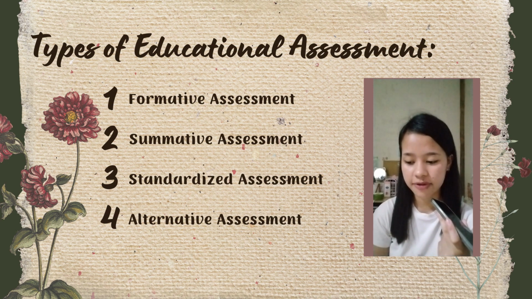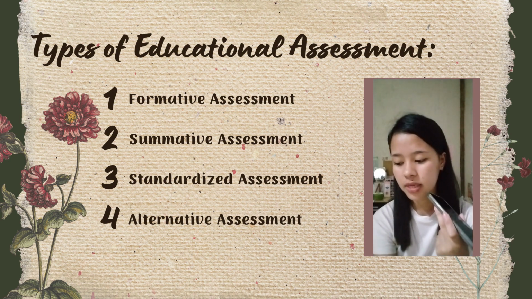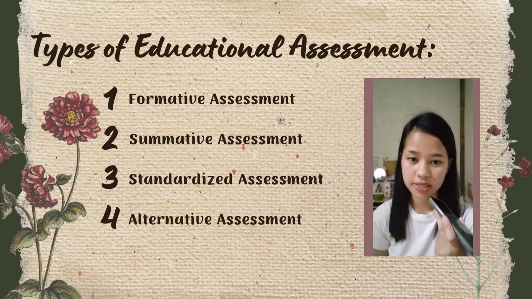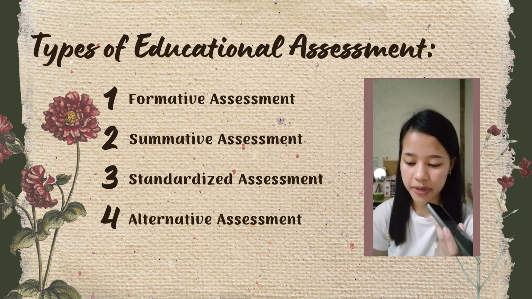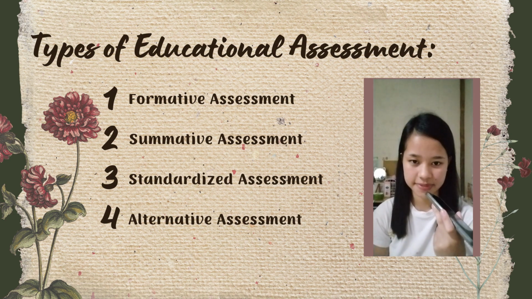As for summative assessment, as the name suggests, it provides a summary of the student's achievements at a specific point. Moving on to standardized assessment, it compares students' learning either with each other or against predefined criteria. And then we have the alternative assessments, which encompass various assessment types.